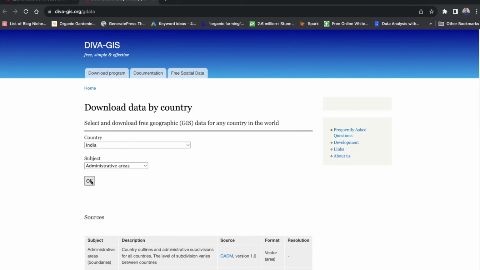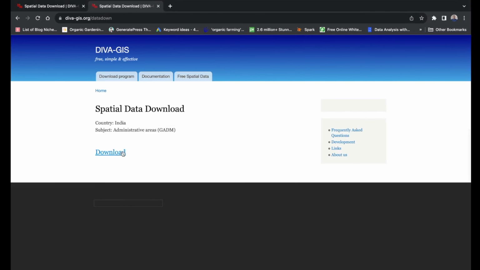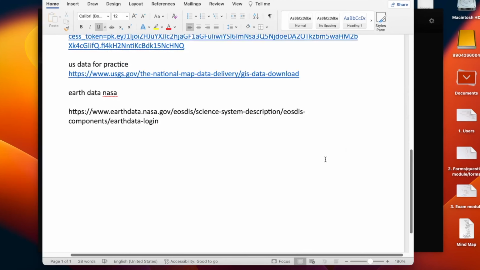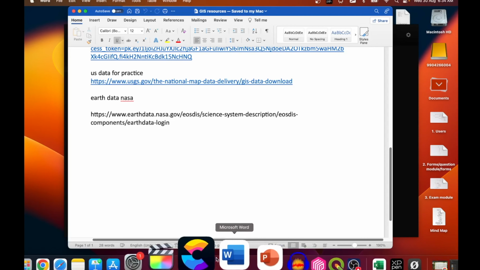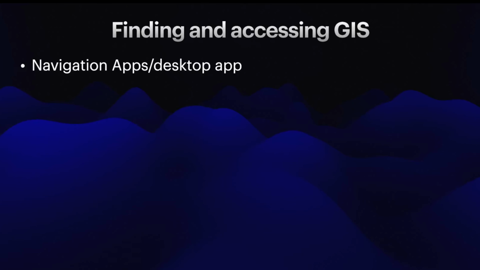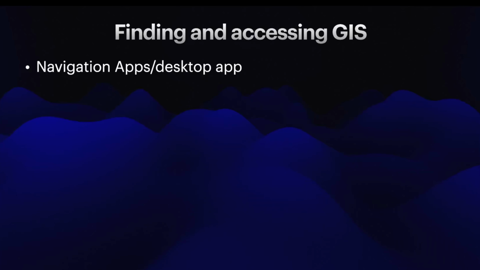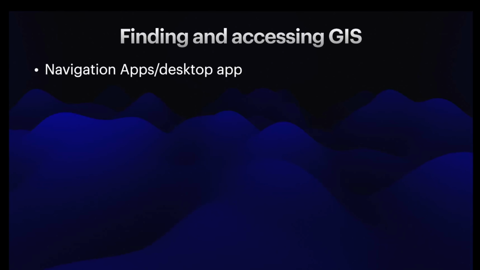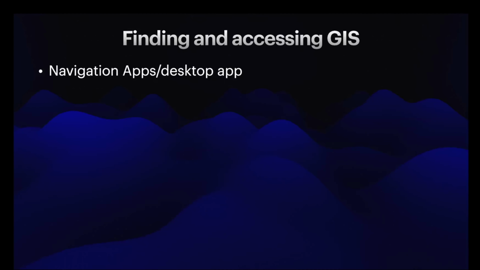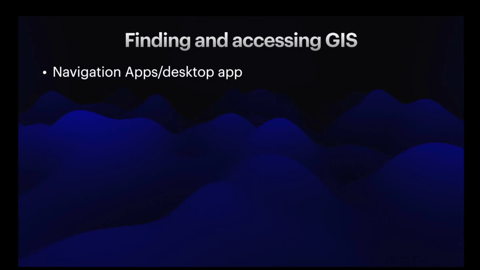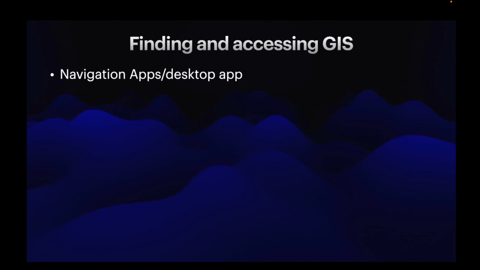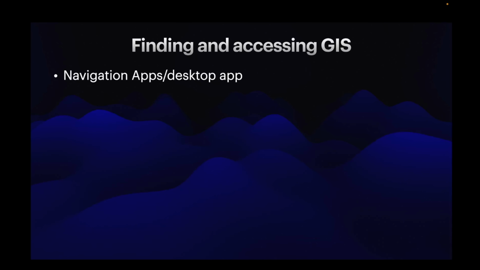After selection, you click OK and you will be able to download the shape file and practice on that data. So that is how you can find GIS data. You can also create your own data as far as vector files, shape files, are concerned. You can draw lines, roads, and demarcate your area or land. Today we are going to learn how to do that.